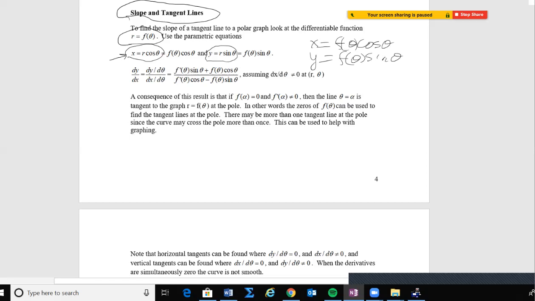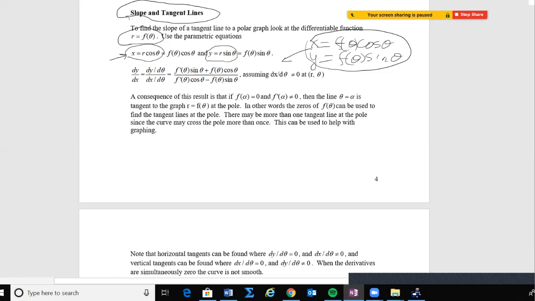Okay, so now using our results with the derivative for a parametric set of equations for that curve, dy/dx is dy/d theta over dx/d theta, and using these, we can get these results here. Now, one result of this, although it's not the fastest way to find a derivative, is that it still gives us information about the tangents at the pole.